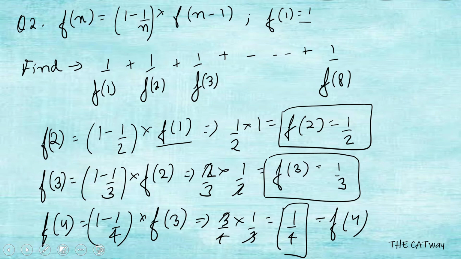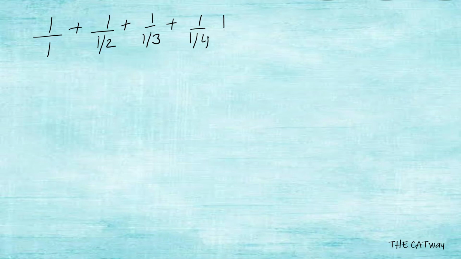So let's write them in the same form. 1 divided by f1 will be 1, 1 divided by f2 is 1 divided by 1 by 2, 1 divided by f3 is 1 divided by 1 by 3, 1 divided by f4 is 1 divided by 1 by 4, 1 divided by f5 is 1 divided by 1 by 5, 1 divided by f6 is 1 divided by 1 by 6, 1 divided by f7 is 1 divided by 1 by 7, and 1 divided by f8 is 1 divided by 1 by 8.